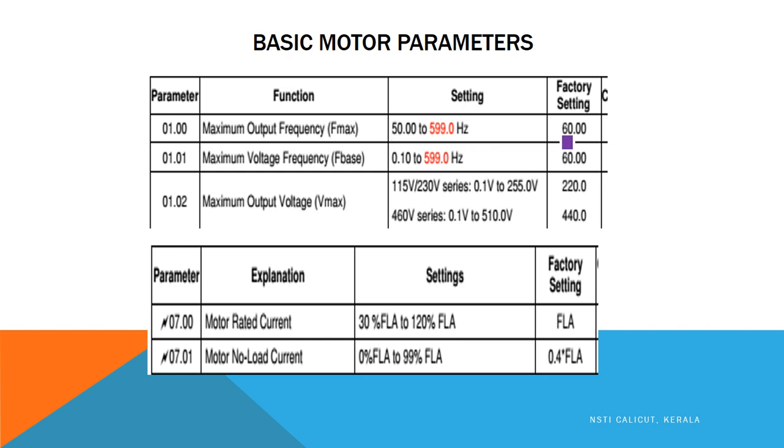The Delta VFD comes with a factory setting of 60 Hz, but we have to set it for 50 Hz. So we set the parameter 01.00 as 50, so that the machine will get exactly a maximum of 50 Hz of frequency. Above that, the motor should not operate. We know all that already. So this is the first setting to be done.